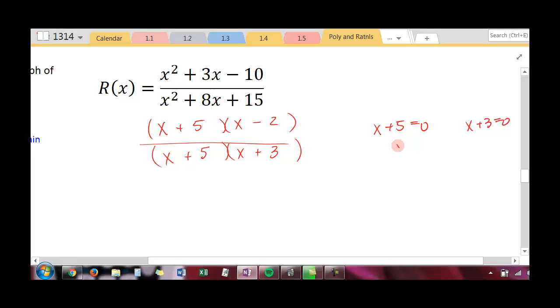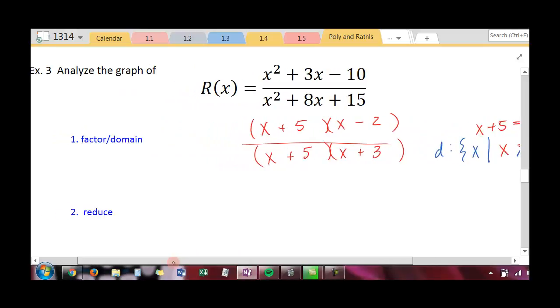So when x is negative 5, solving this first one, and negative 3, solving the second one, these are the two values which, when I plug them in here, cause the denominator to be equal to 0, and therefore the domain of this function would be: I cannot have those two values. So x such that, we'll put our set symbol around here, x such that x cannot be negative 5 and negative 3. Those are the two values we would throw out.